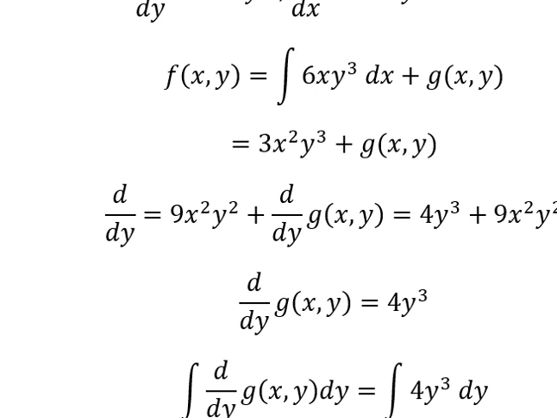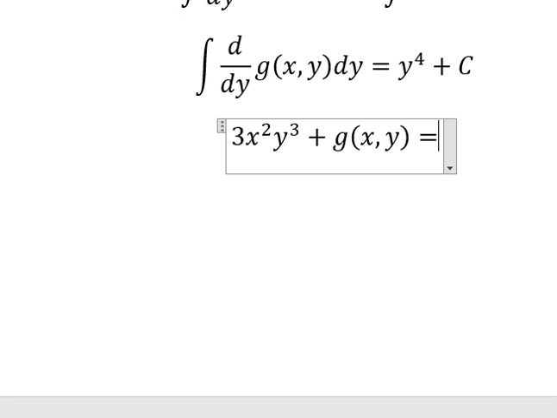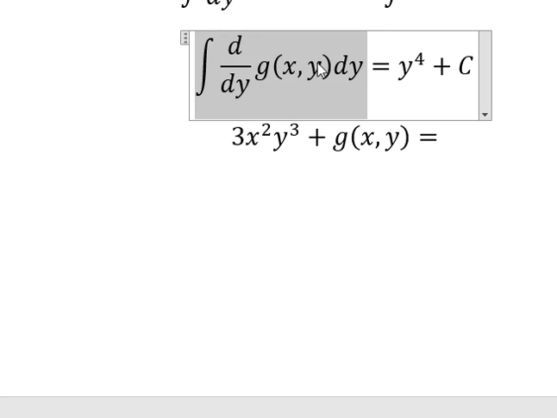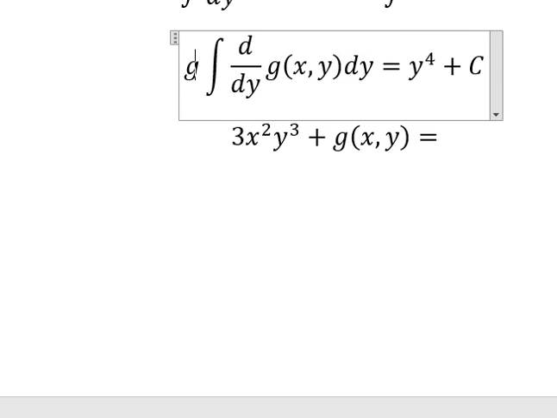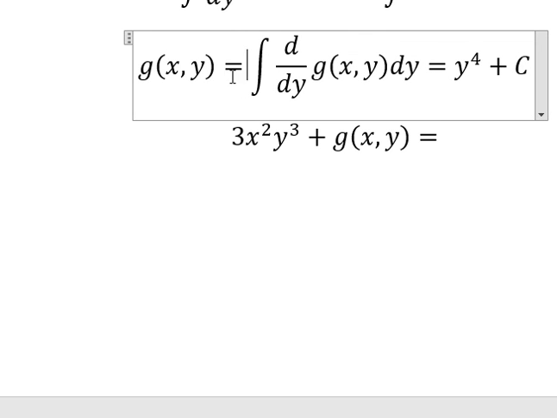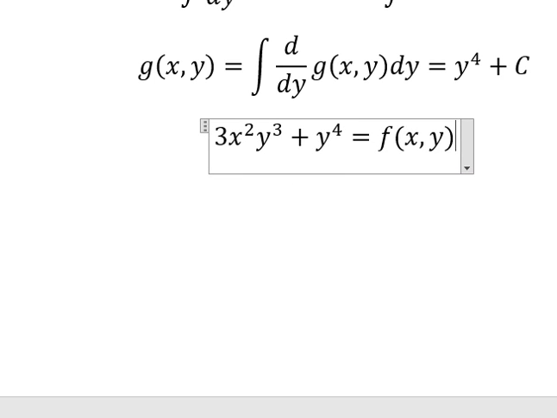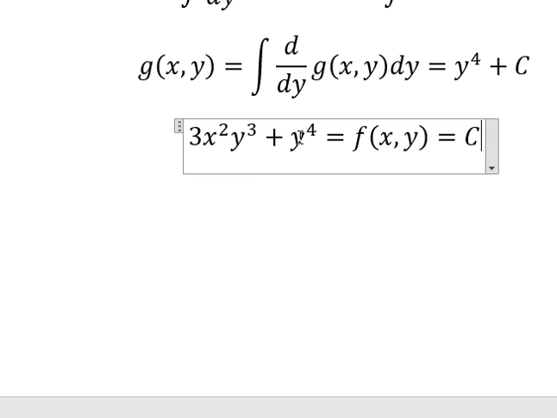Now we need to go back in here. So the integration of this one, you get 3sy. And now we need to change 3sy into this one. And this one equals f(s,y). f(s,y) equals c. And now we have the final answer.